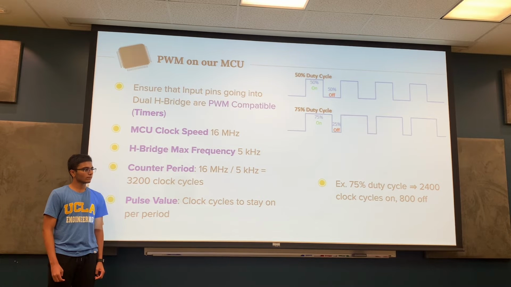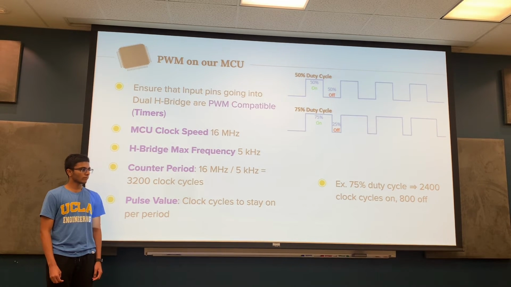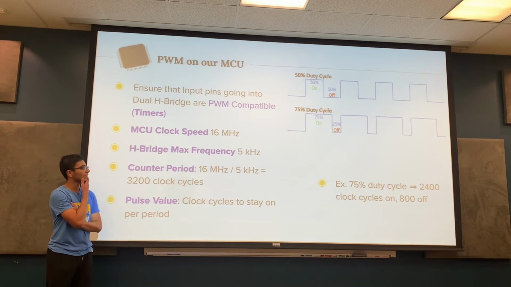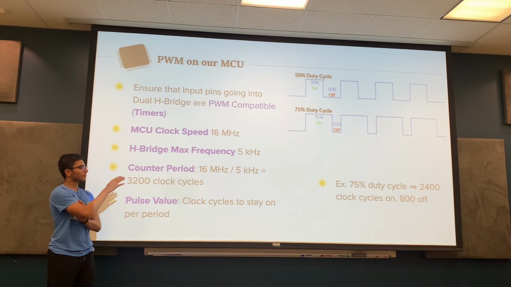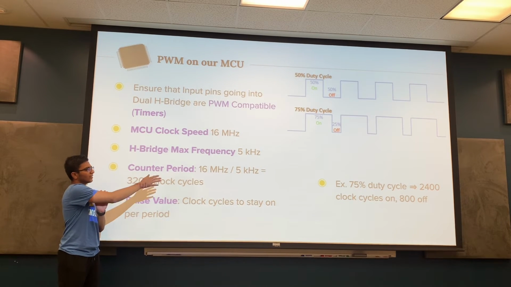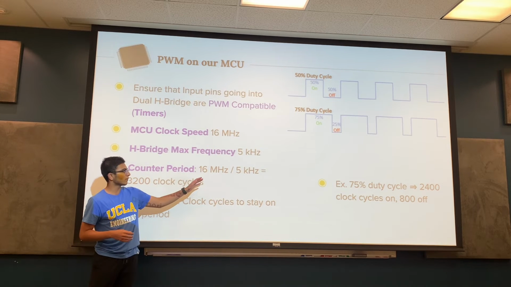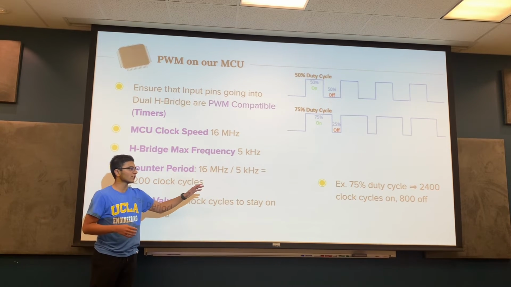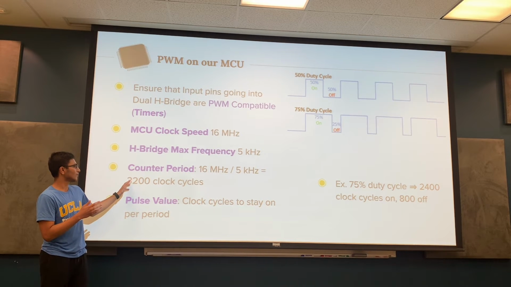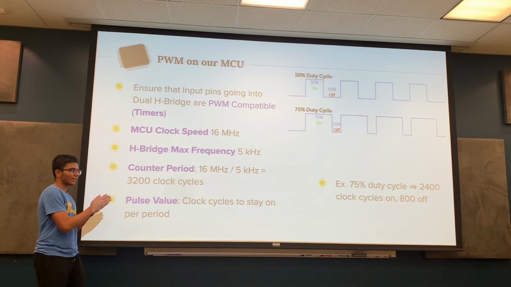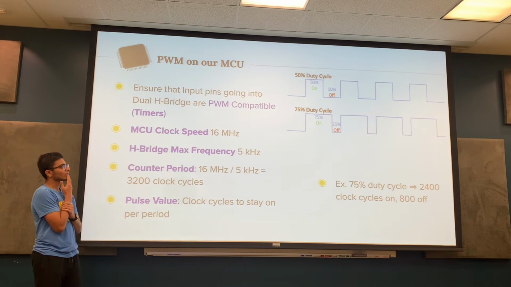What happens if we use a slower clock cycle? It's just less responsive. Is there anything bad about it? No, you can use a slower clock cycle if you want. I think it has to be 16 megahertz divided by n times 5 kilohertz, but if it's some weird number like 3,201, actually, no, it should work.